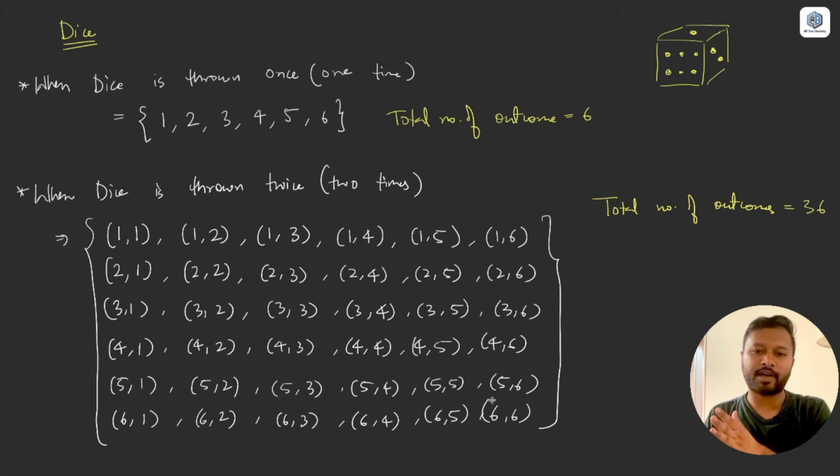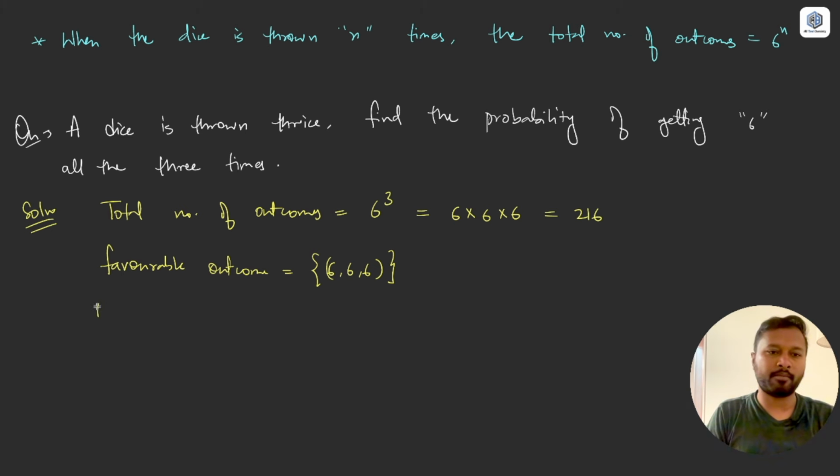That was just once, right? You got 6 6. In the same way, when you throw the dice 3 times, there will be just one event when you will get 6 6 and 6. So the number of favorable outcomes is going to be just 1, because this is the only event which is possible.